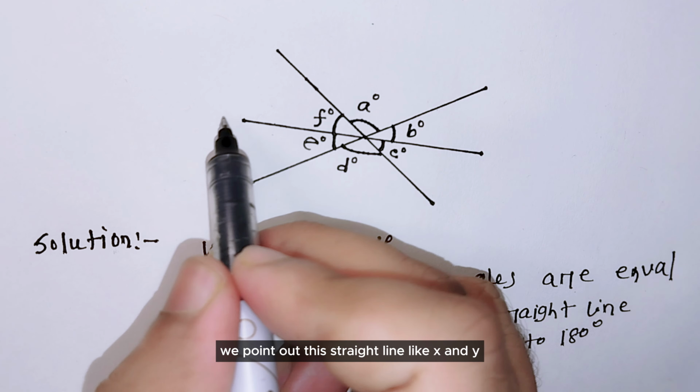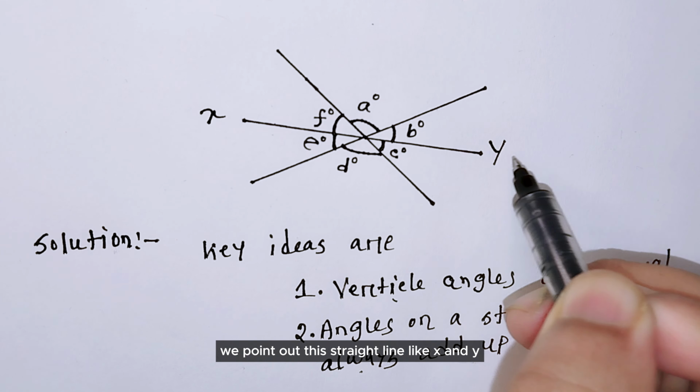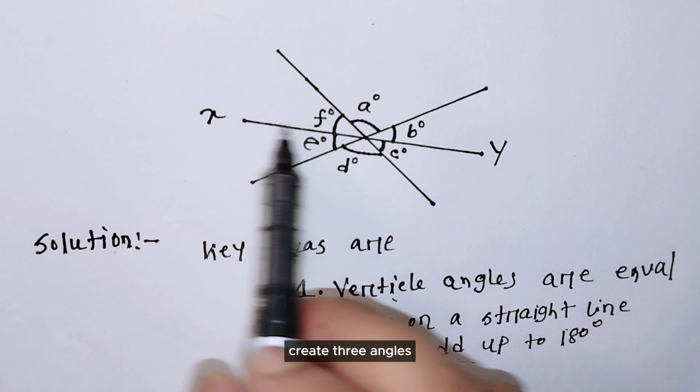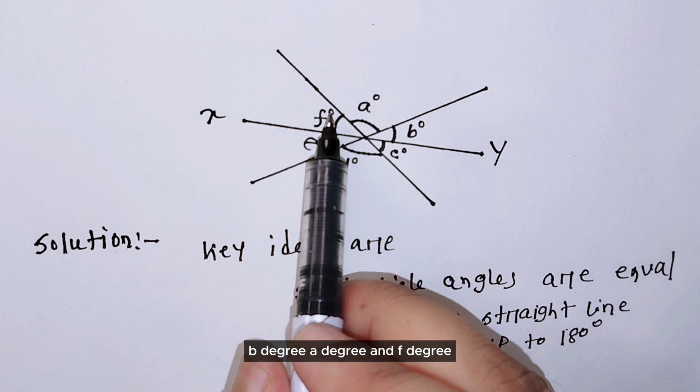So we point out this straight line like x and y. For the xy straight line, there create three angles: b degree, a degree, f degree.